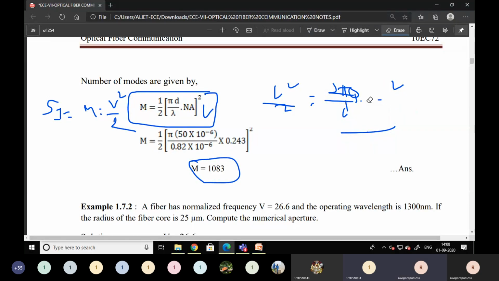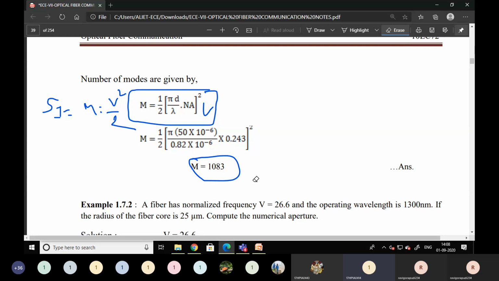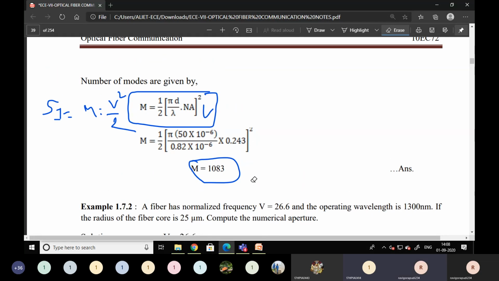Second problem we can solve now. Write down 1.7.2, the second problem.